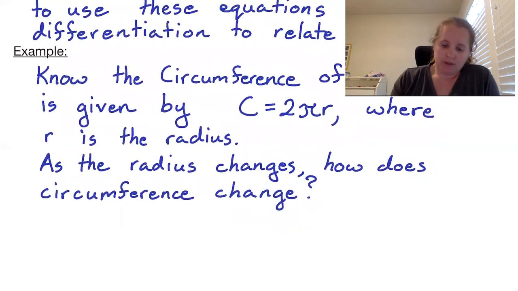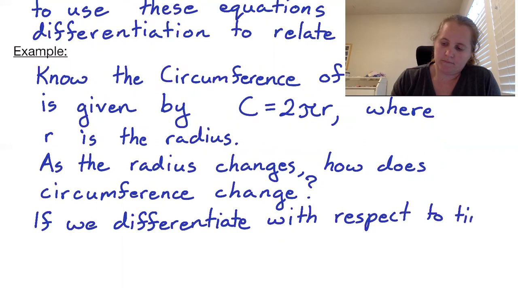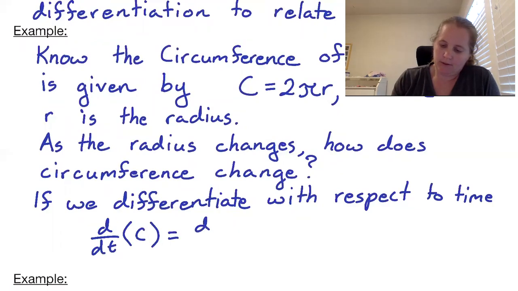So if we differentiate with respect to time, we'd be looking at the derivative with respect to time of C is equal to the derivative with respect to time of 2 pi r.